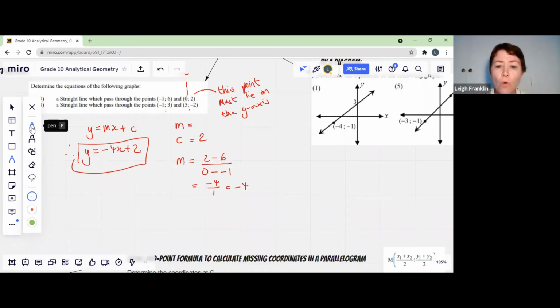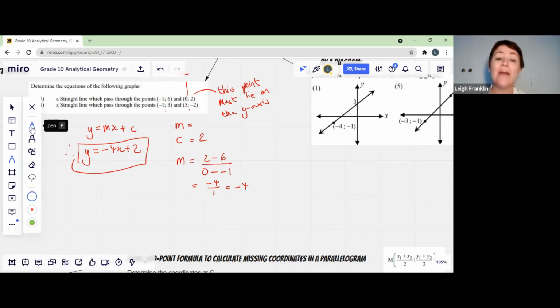Question number 4 is a little bit more difficult than question number 3. In question number 3, they told us the y-intercept, the value of c, so we only needed to calculate m. In question number 4, the first point lies in quadrant 2, the second point lies in quadrant 4, and neither of those two points is a y-intercept.